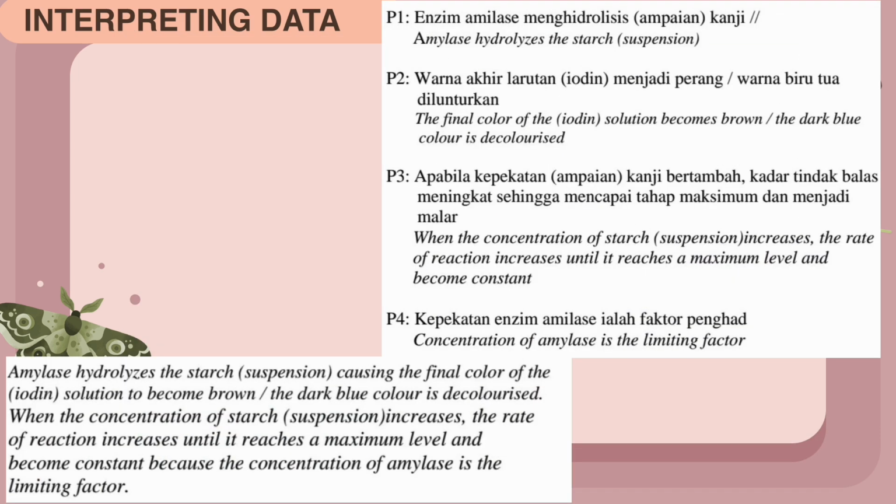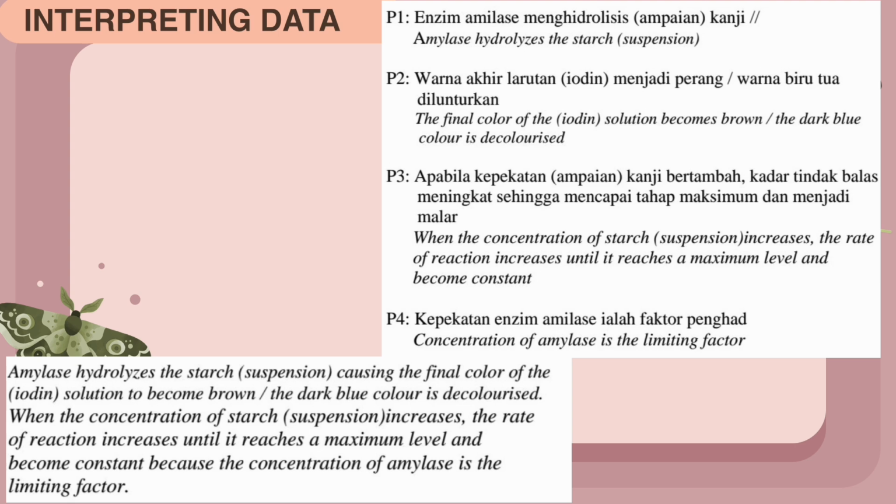Okay students, is your answer the same as my answer? For this interpreting data, there are 4 points where you can get the marks. The first point, amylase hydrolyzes the starch suspension. The second point, the final color of the iodine solution becomes brown or yellowish brown.